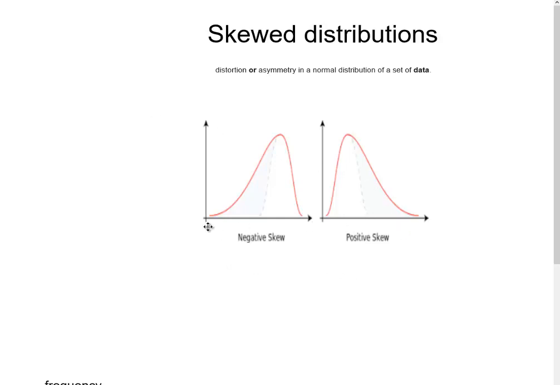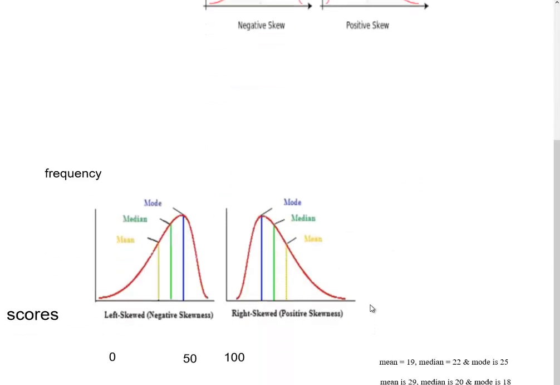The other thing to recall, once we've had a look at that, is this image, which is probably better to help you. If we take these as our scores, we've got our scores along the x-axis and our frequency along the y-axis.